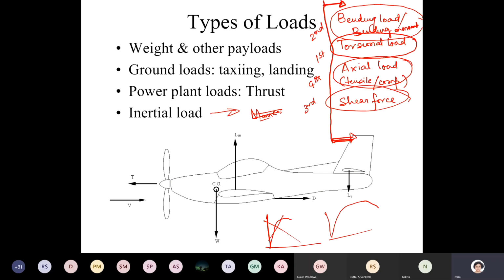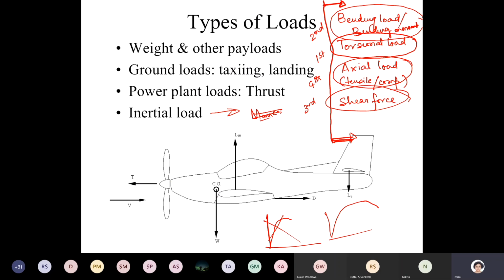We will learn in the course how to analyze the structure for each of these 4 types of loading. We will find out the stress distribution for each type of loading, and then analyze the stress developed in the structure. That is in summary what we are going to do in this whole course. Now, the second point is that we will deal with beams primarily.